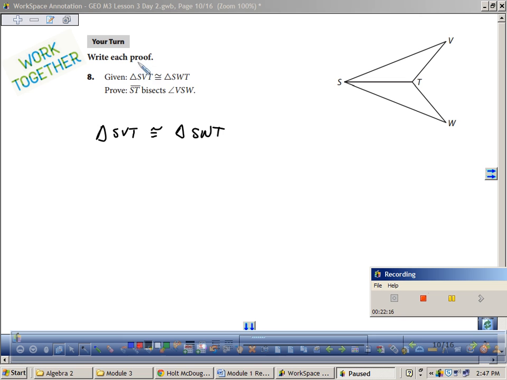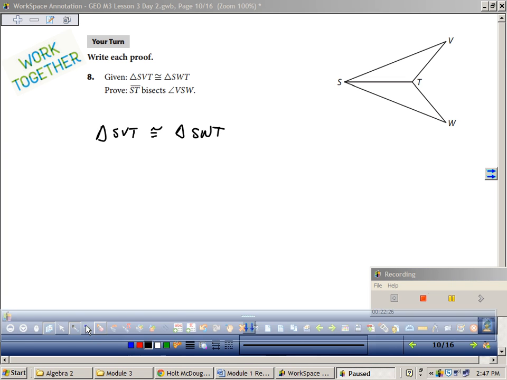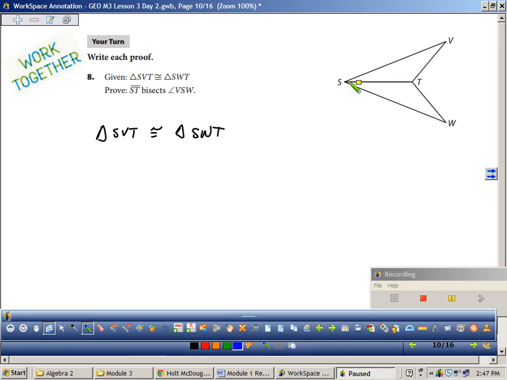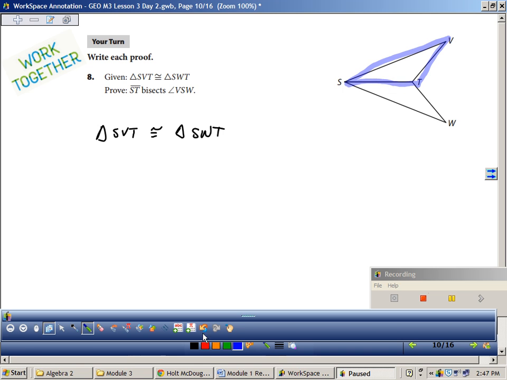Okay, I'm going to finish up the recording. So if I know triangle SVT is congruent with SWT, let me just use highlighting. So SVT is congruent with SWT.